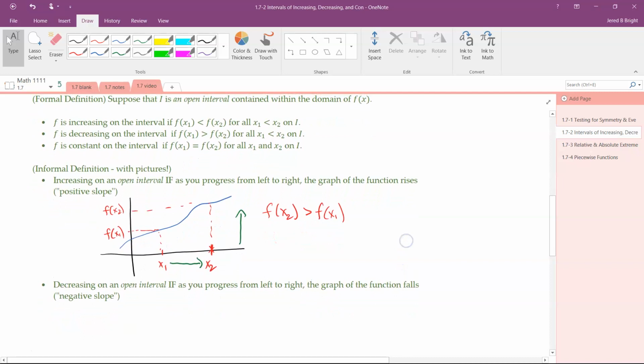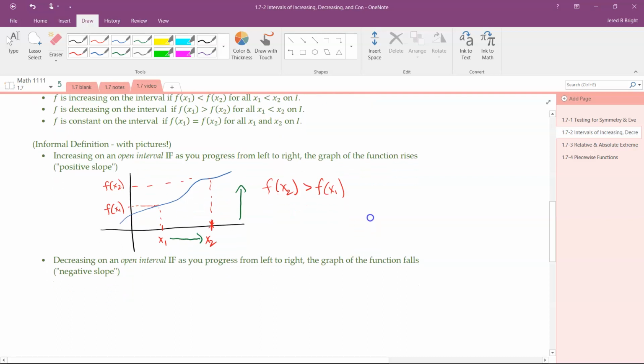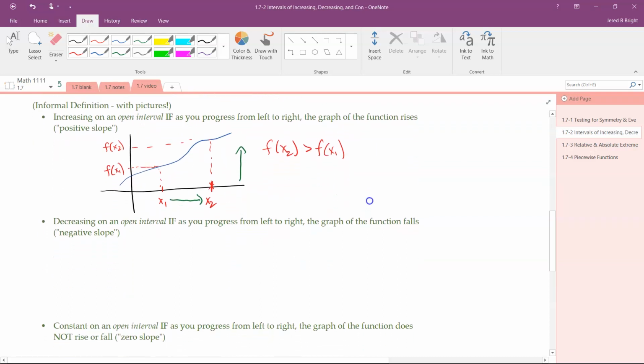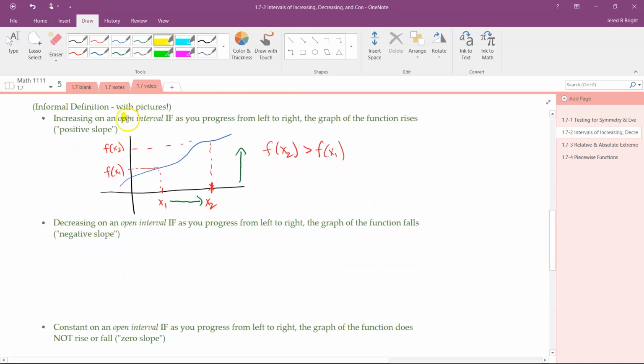Decreasing, similar idea, but now f of x1 would be greater than f of x2 for all values on that interval. I do want to stress it is an open interval, so when you are asked for increasing and decreasing regions, always use parentheses on both ends, regardless of whether you have the point or not, because we don't talk about a point as increasing or decreasing.